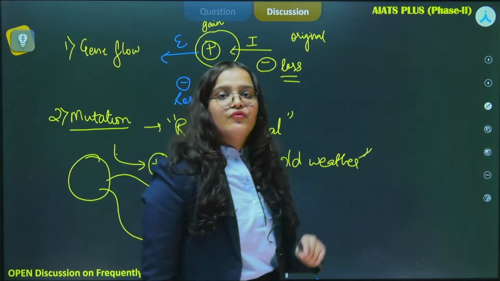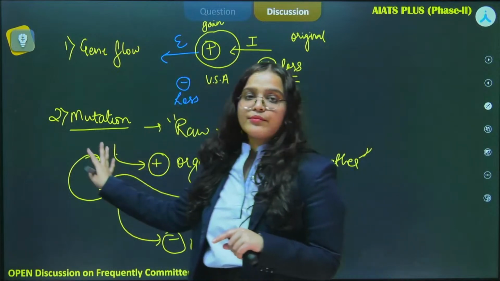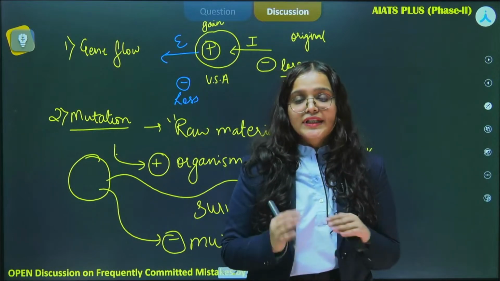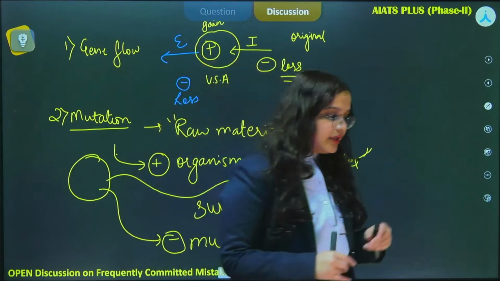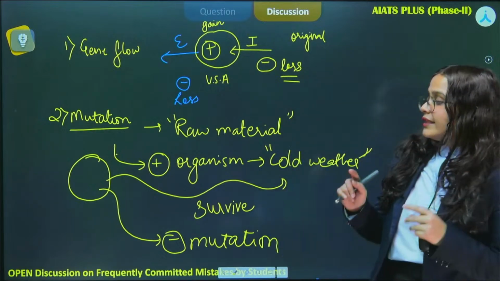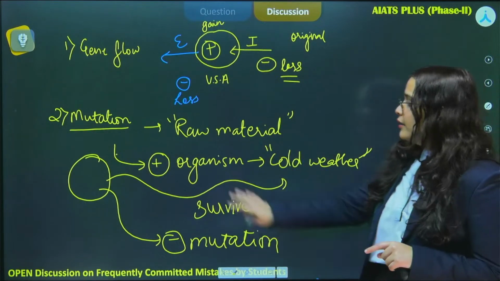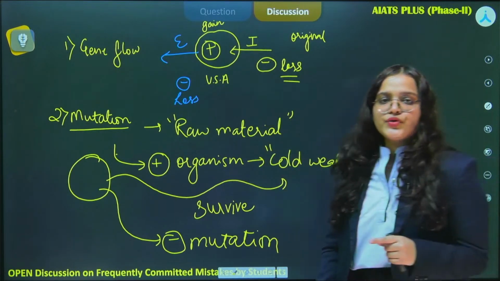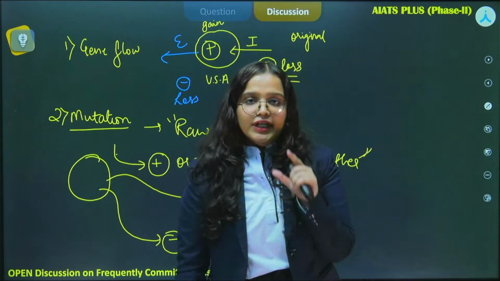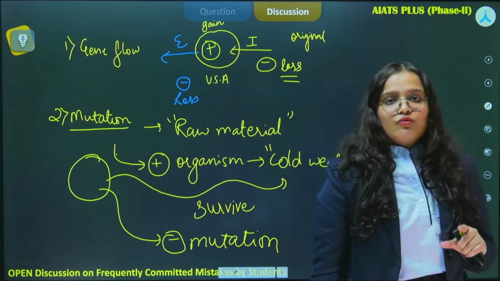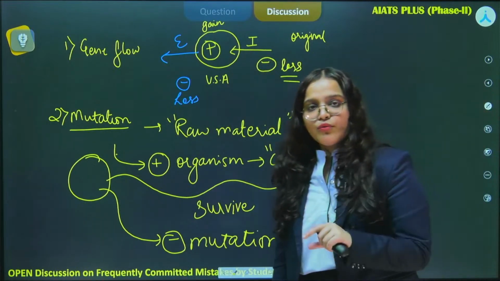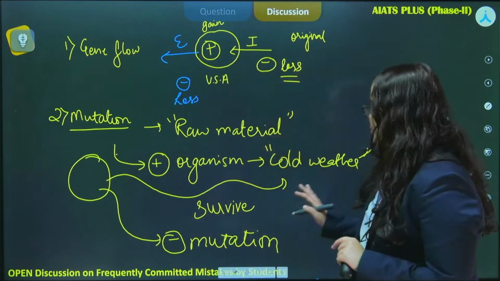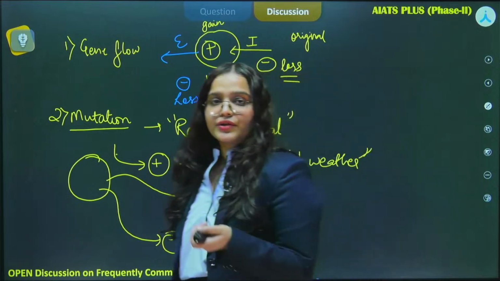Nature will favor the organisms having these mutations because they can survive better in a given environment, and that is why we say mutation provides raw material for evolution, because that particular trait was hidden in the form of mutation until the organisms were exposed to such harsh conditions.